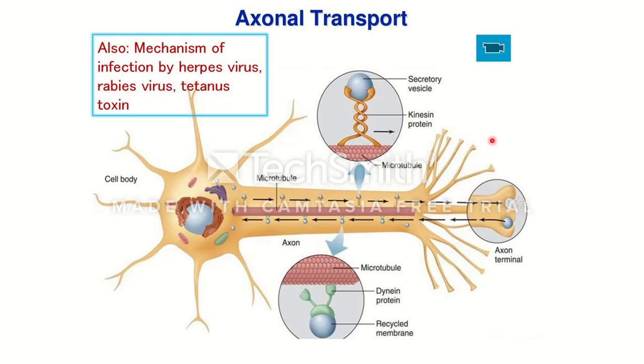At the site of the bite, the peripheral neurons receive this virus and convey it toward the cell body. So in this retrograde transportation, the viruses can attack the nervous system.